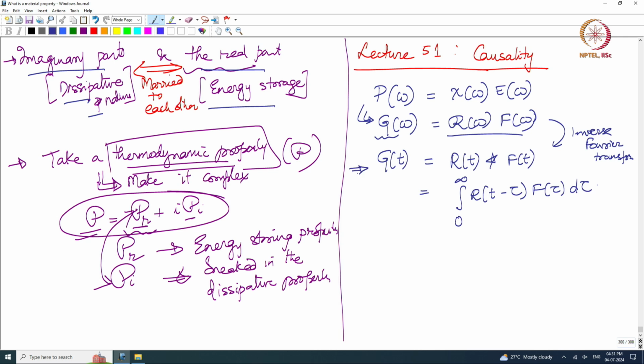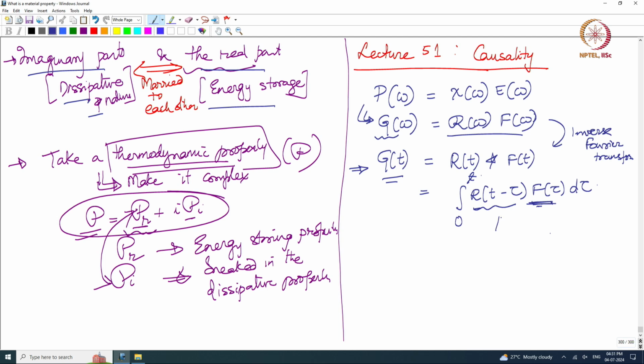So the property in time is not really a multiplication of r and f. It looks at the change of f as a function of time until time t. How is f evolving with time, all the way from 0 to t? In a certain way it takes all the history into consideration, and at every time it multiplies with a response function and integrates over it.